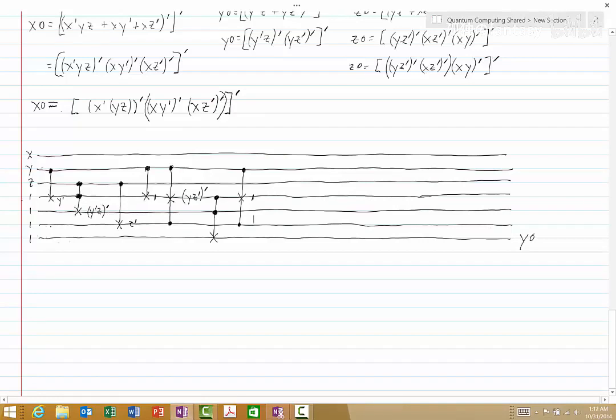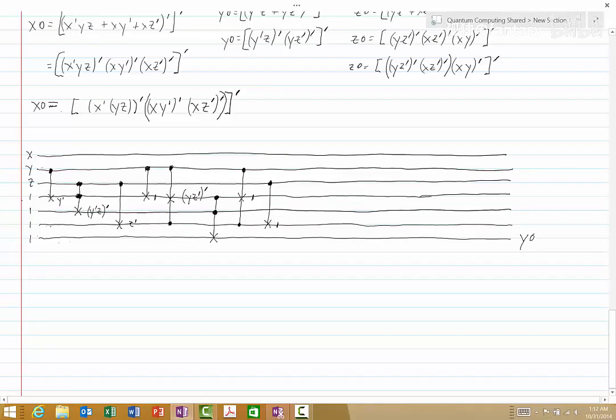And now if we put this gate in again, that will give us a 1 back on that line.